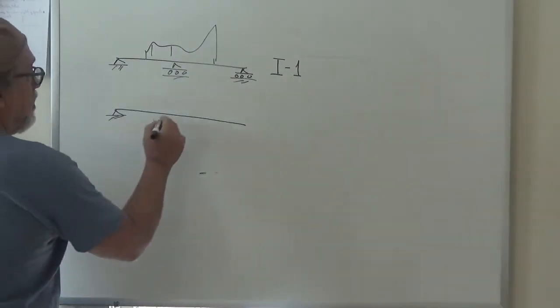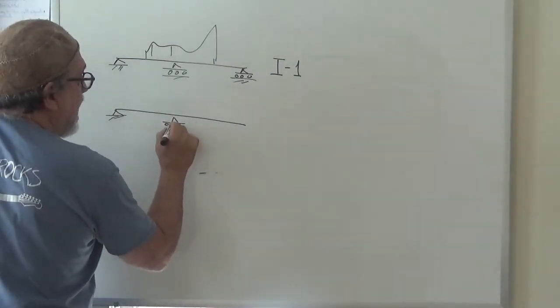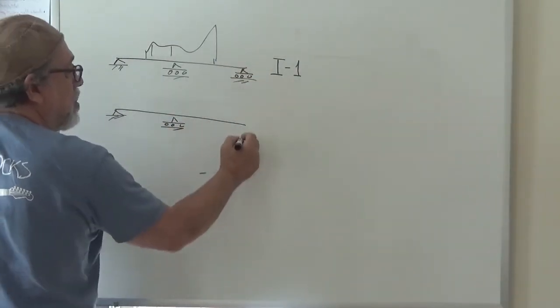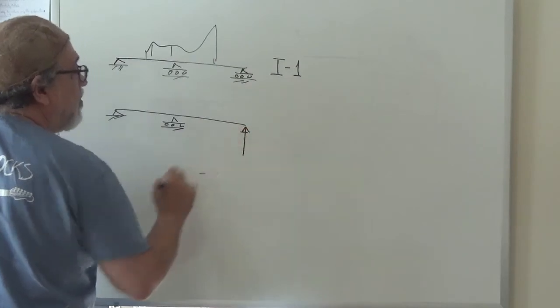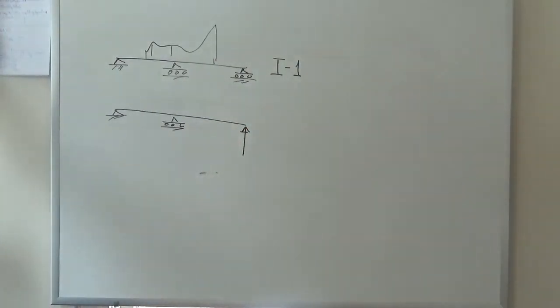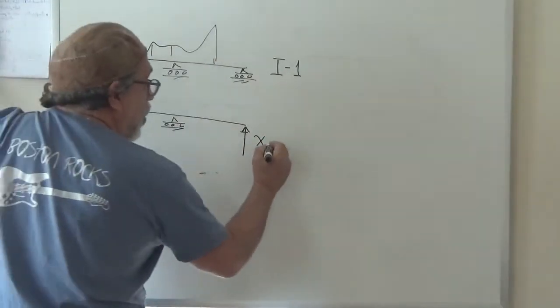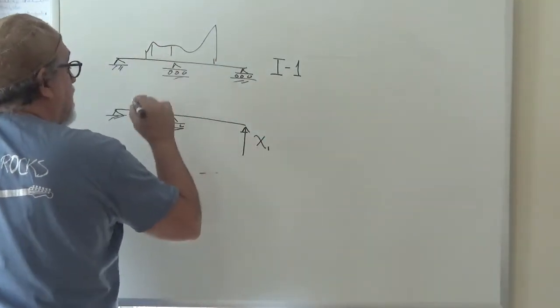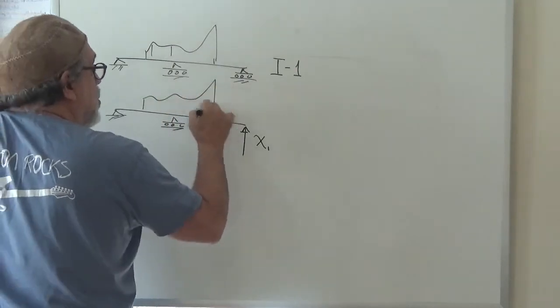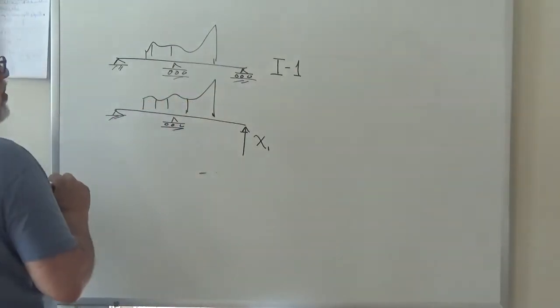So, for example, we could take this reaction as being the extra quantity, right? And our extra quantities would be called X. So let me put it this way first in this discussion. Forget about procedure.